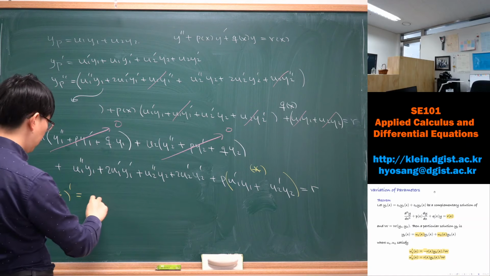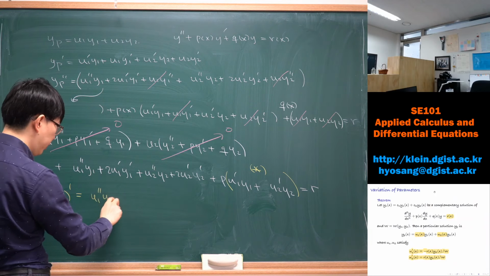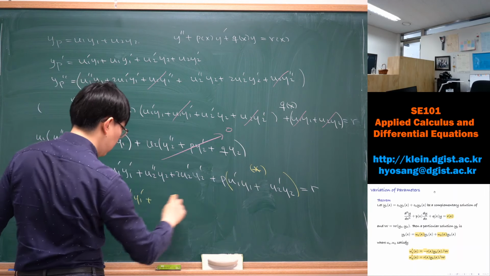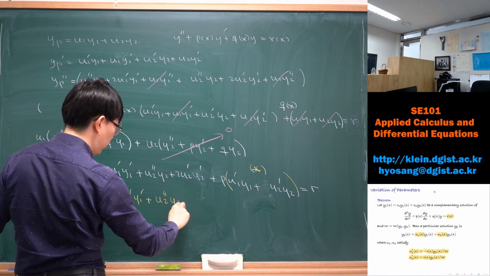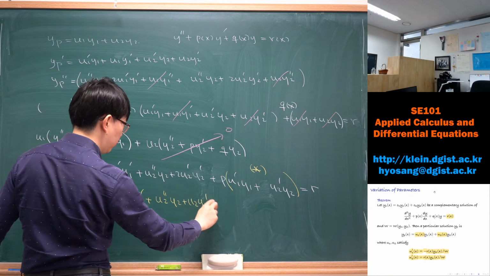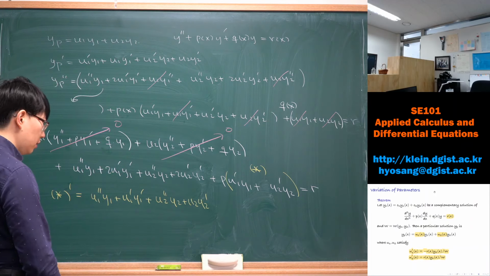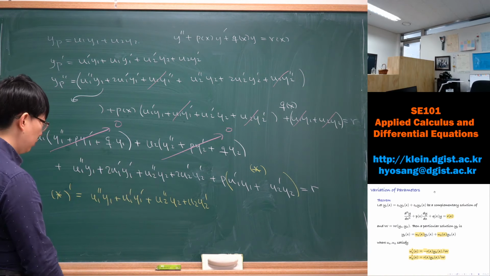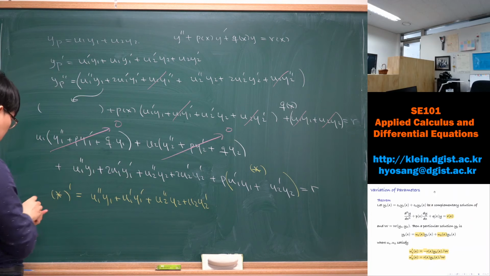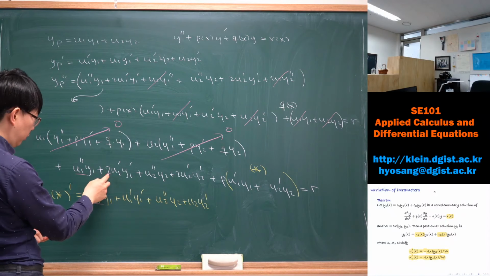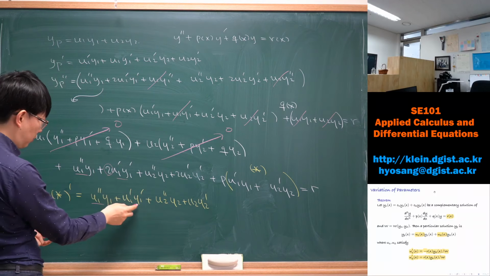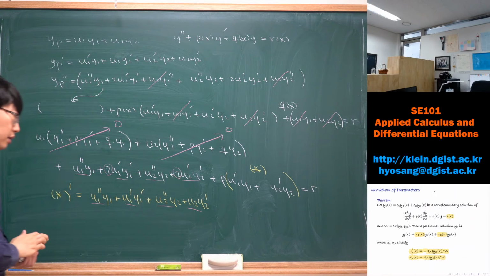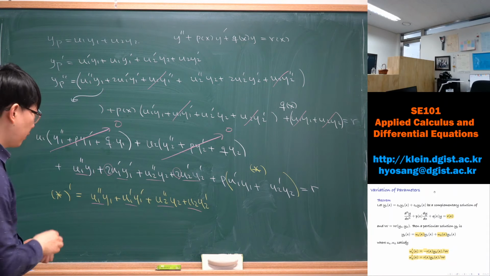Then I get u1'' y1 and u1' y1'. And for the second term, it's u2'' y2 and u2' y2'. It's very similar to this term, right? So here we have this term, and although this has coefficient 2, we have the same term, and also the same term here.